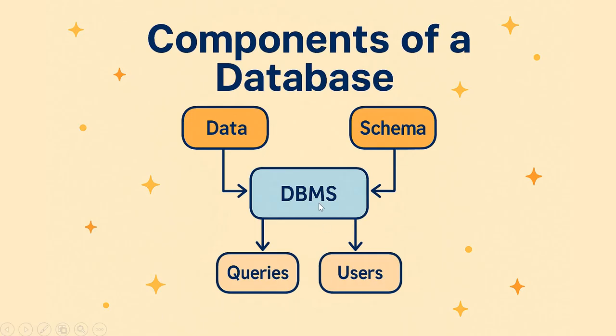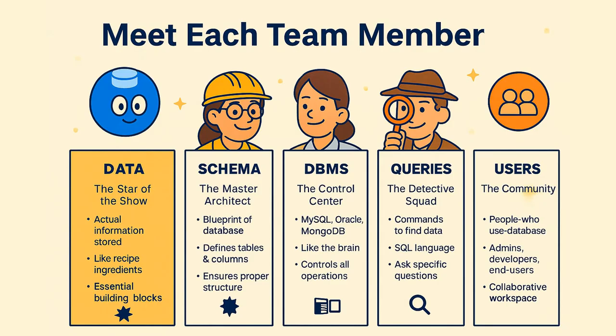As you can see, I put DBMS in the middle because DBMS is the manager of the database. It controls all the other components of the database. We have named the 5 core components. Now it's time to understand their individual roles within the database system.